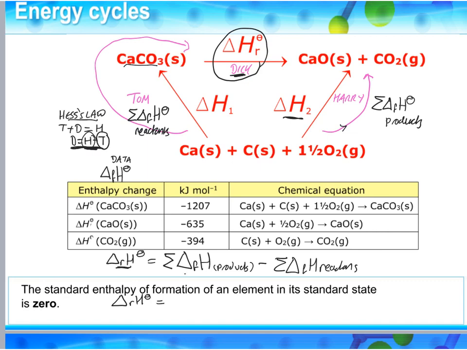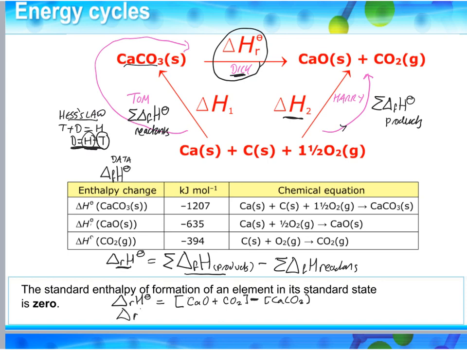So the sum of the enthalpy of formation of the products is, I'm going to put it into brackets, the enthalpy of formation of calcium oxide added to the enthalpy of formation of carbon dioxide, close brackets, take away the enthalpy of formation of the reactant, which is calcium carbonate.